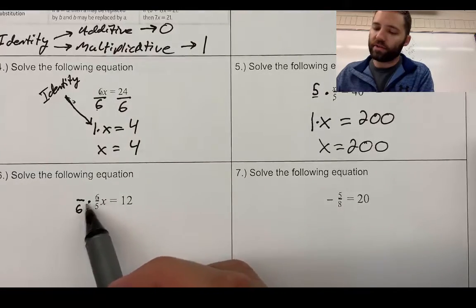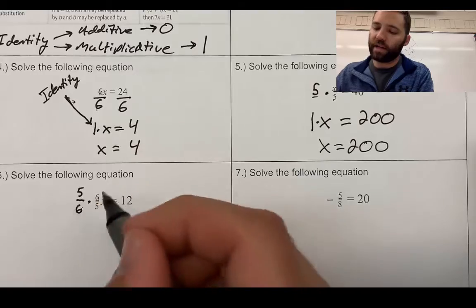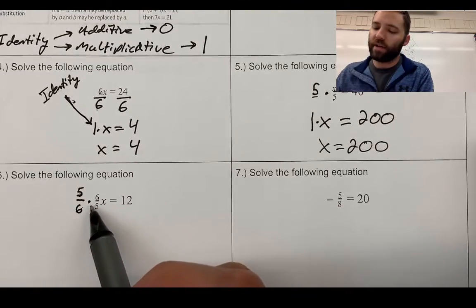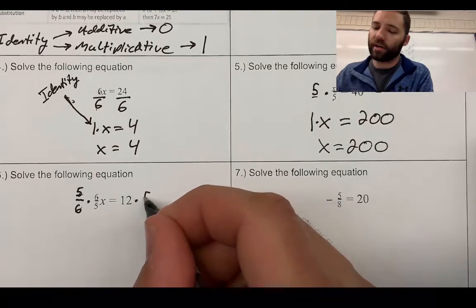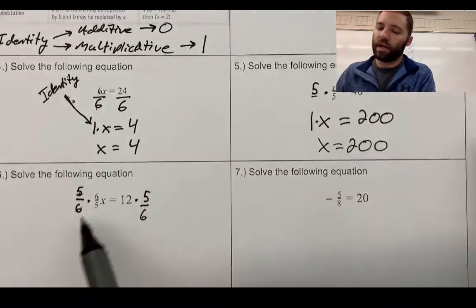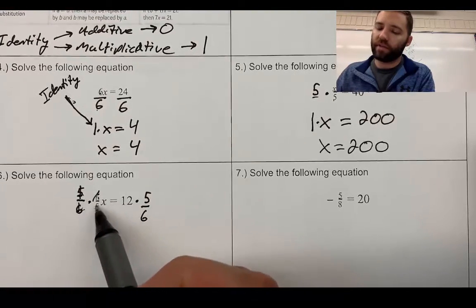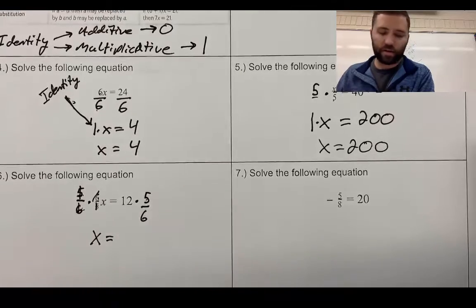That will give me a 6 over 6 here, which is perfect. That's what I want. And I'll multiply both sides by 5. And I can do that all in one step. Multiply both sides by 5. And then right here, I'll get 5 over 5. So if I do that, on the left, I get 6 over 6. That's 1. 5 over 5, that's 1. So I end up with just x equals whatever this ends up being over here.